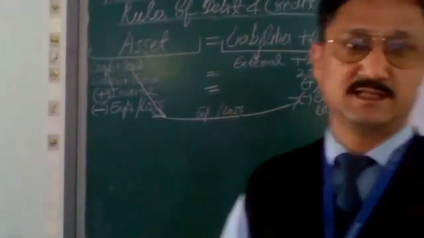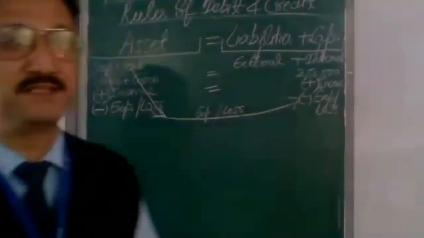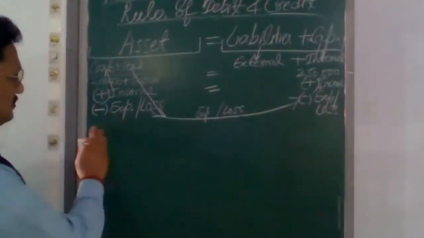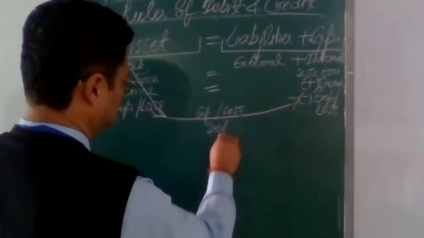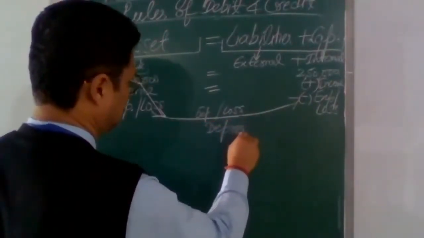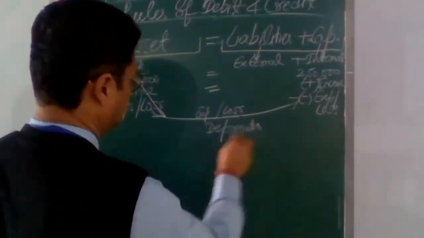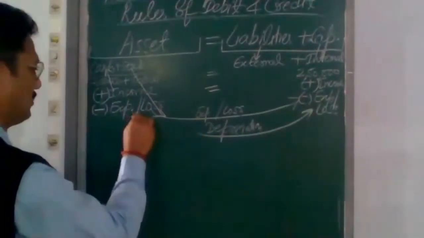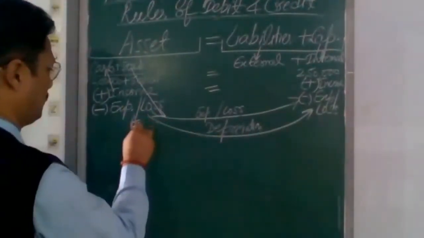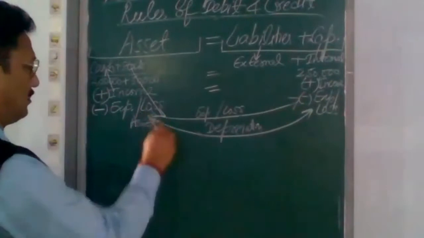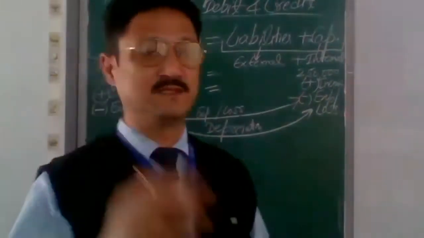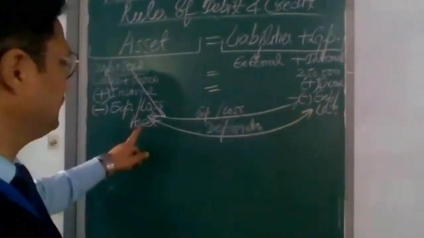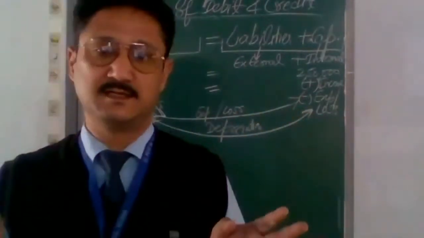3 points. Point number 4, depreciation is also a loss. Depreciation will also be subtracted from capital and the concerned asset.